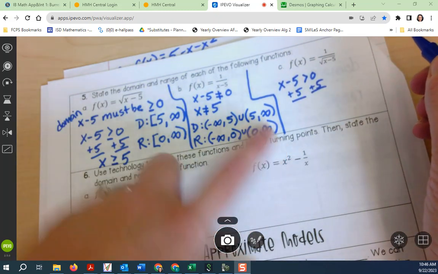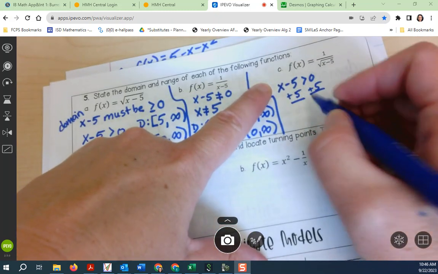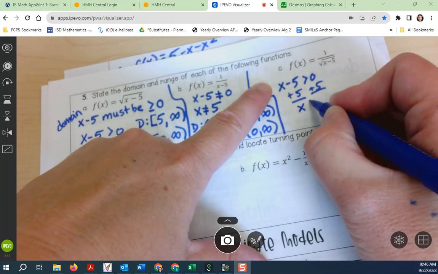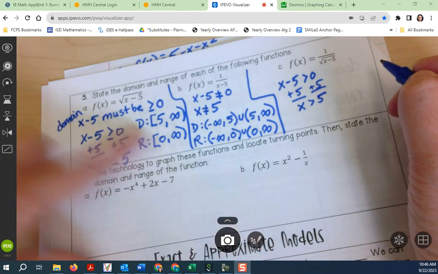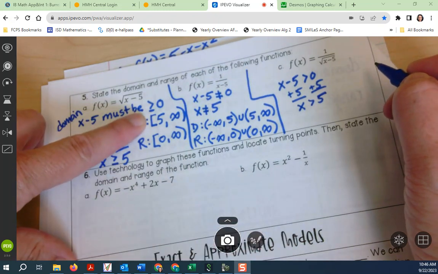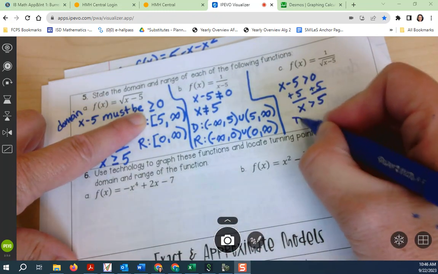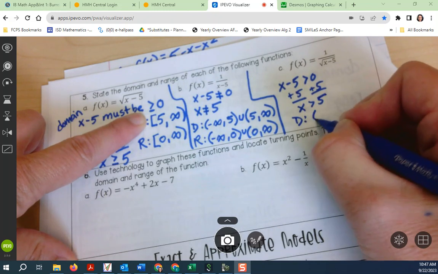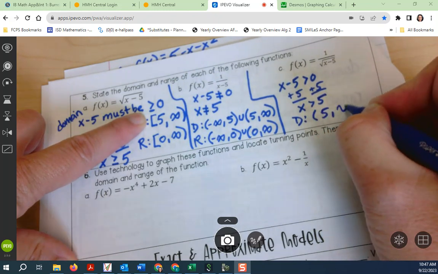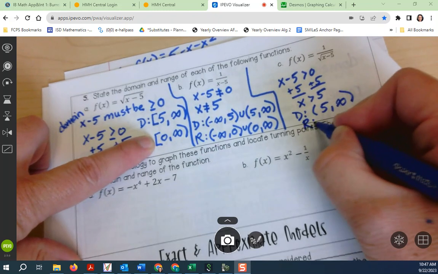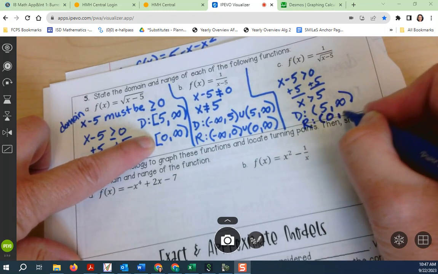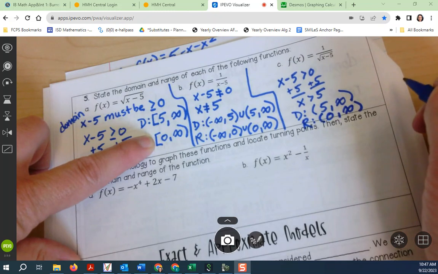And let's see what else. x is greater than 5. So here, instead of including the 5, it's just going to have a parenthesis. And same thing here. For the range, since we didn't include the 5, we don't include the 0. And you're going to go to infinity.